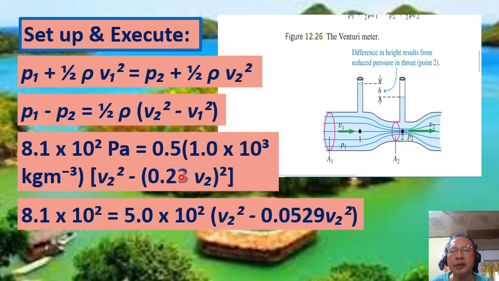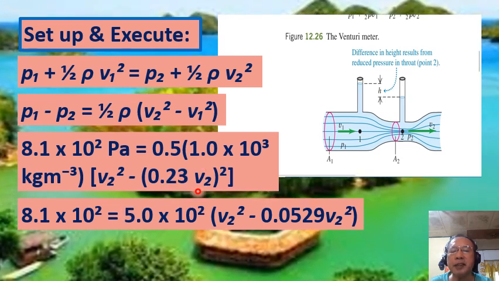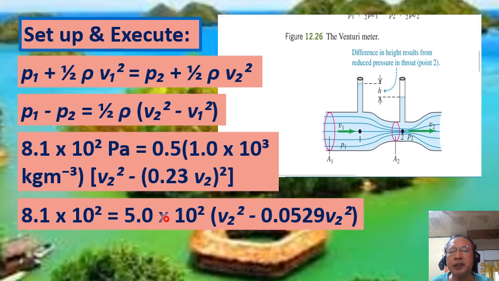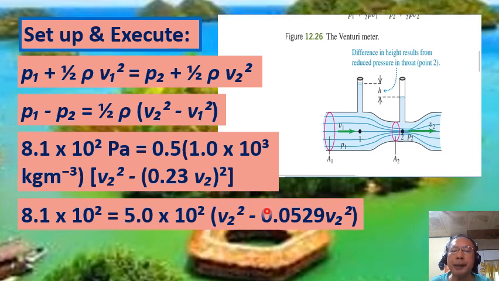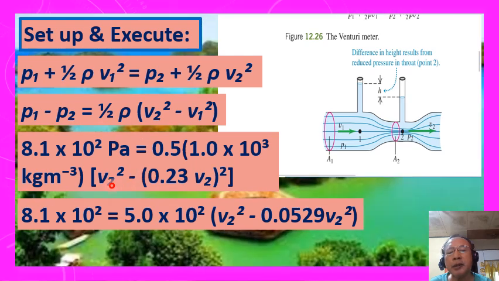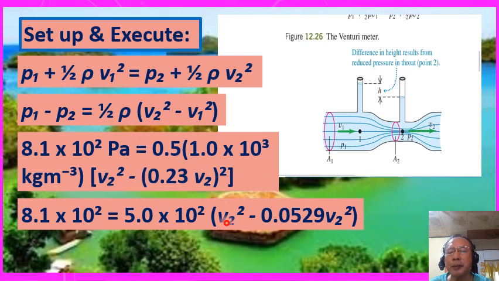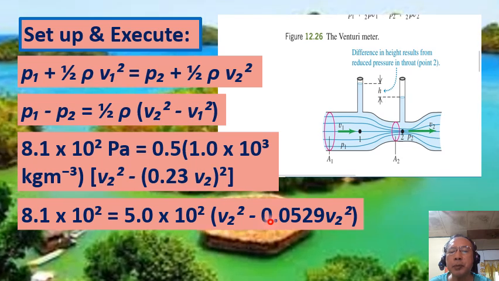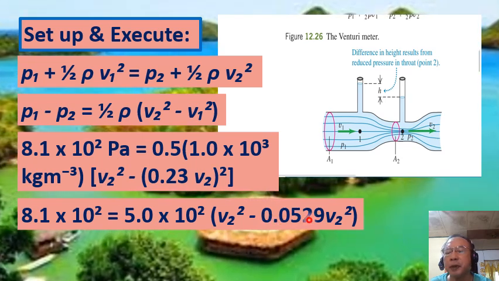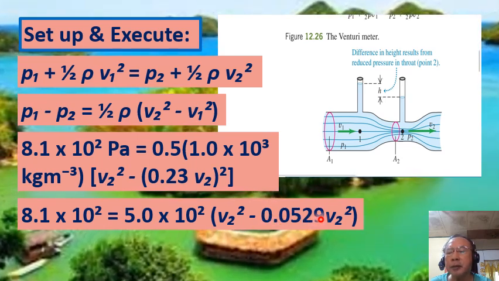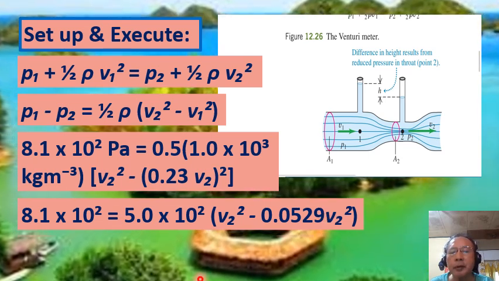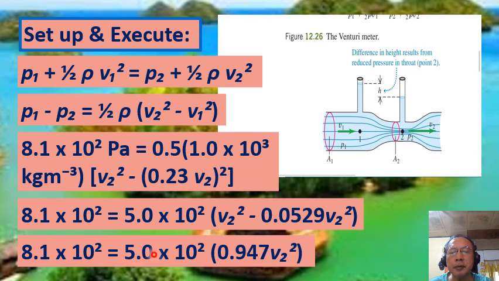The result of getting 1 half of the density is 5.0 times 10 to the second power. And multiplying it by the quantities inside the bracket, or V2 squared minus the square of 0.23, that is 0.0529 times V2 squared.